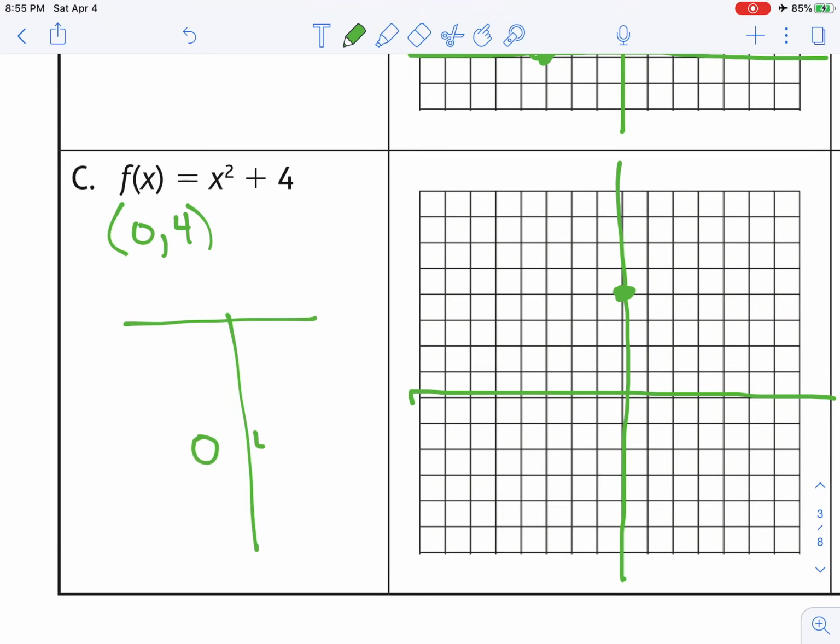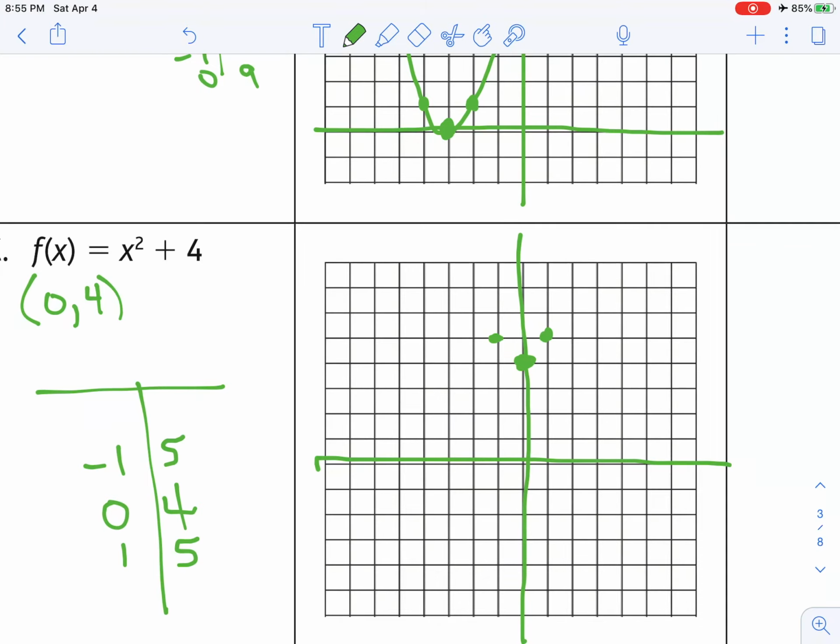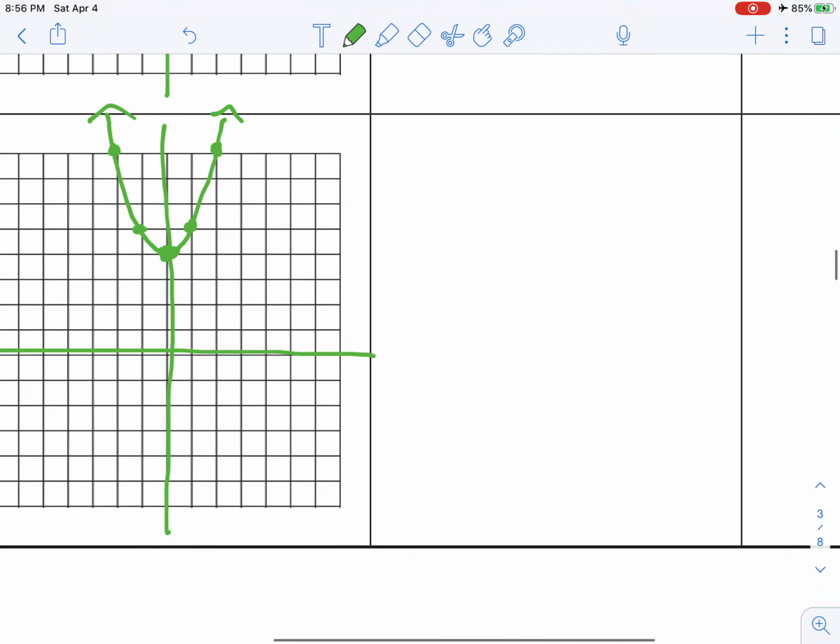Now, that's my vertex, 0, 4. So -1, +1. So if I plugged in 1, I would get 5. That goes here. That goes here. 2. 1, 2, 3, 4. Voila.